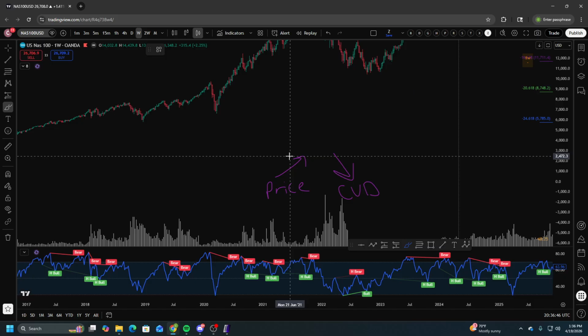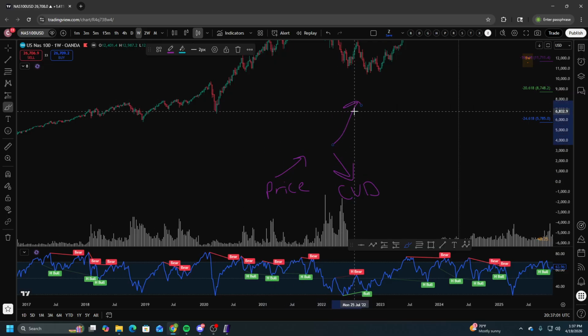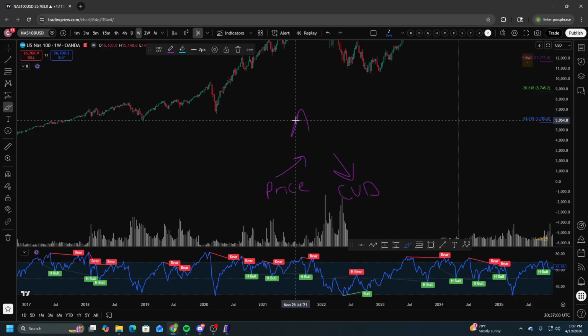Okay? This is because there is a large market participant absorbing all this selling delta to fill their large positions to take the market higher. Okay, so this would be absorption.